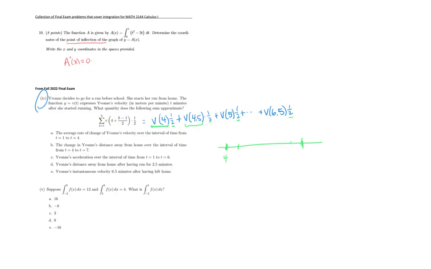I'm taking the left-hand value of each thing to compute the velocity. So it'll be the velocity, or the amount of distance, from 4 to 7 minutes. So this should be the change in Yvonne's distance away from home, because this is a velocity times time.